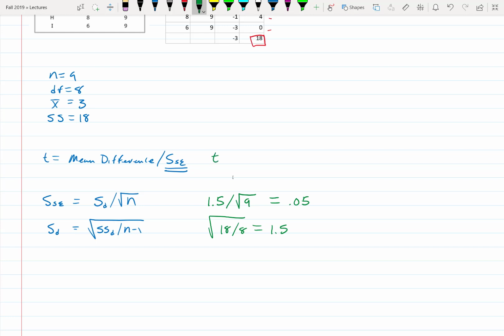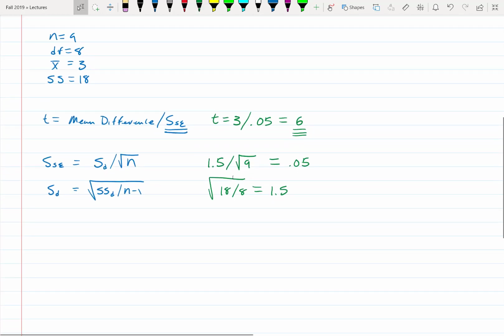So t, in turn, equals the mean difference of 3 divided by our standard error of 0.5, and that is going to equal 6. Okay, so our t-value in this problem is 6.